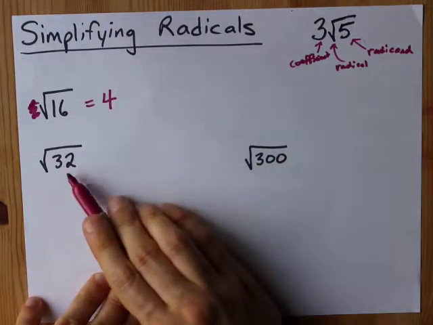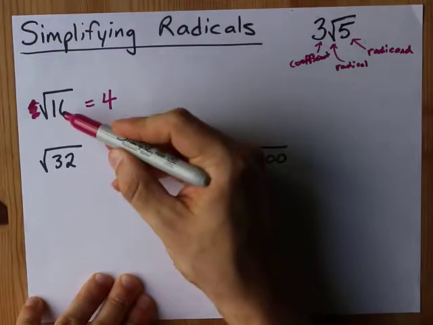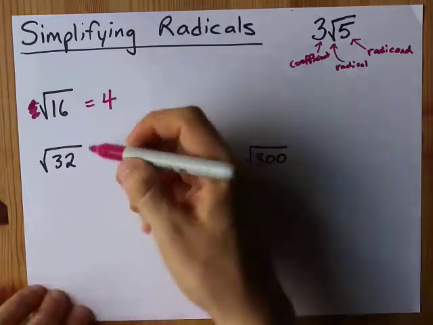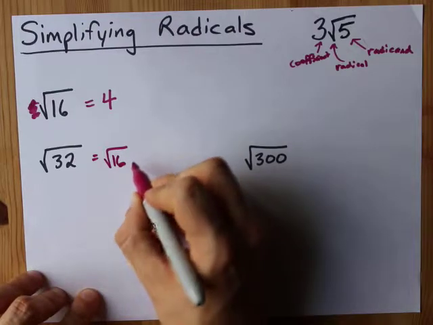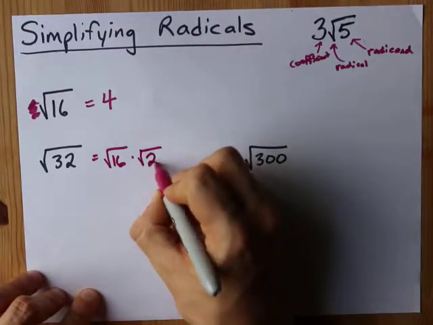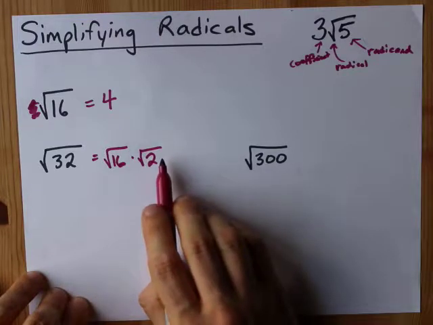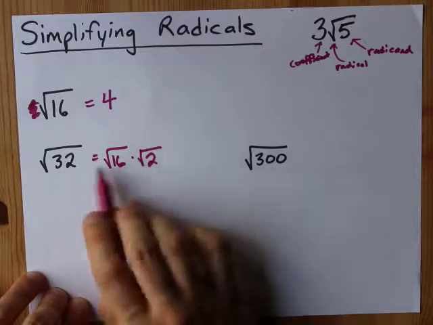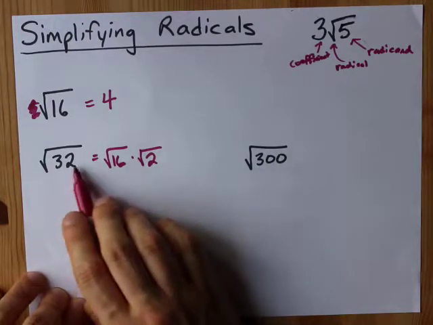But what if you're given a number that you can't square root directly? Well, 16, which does have a perfect square root, goes into 32. So you can break this up into the square root of 16 times the square root of 2. Multiplying two square roots by each other will give you the square root of the product.